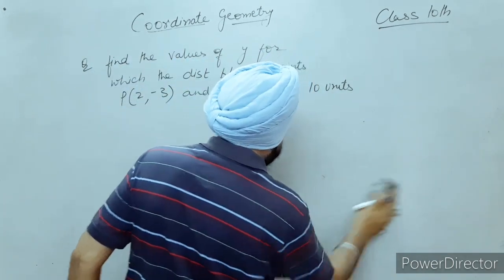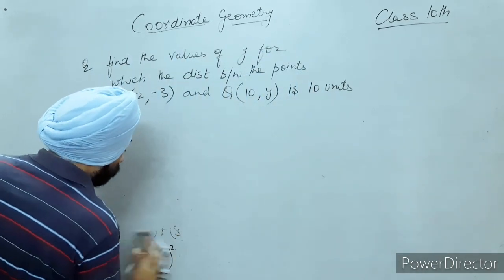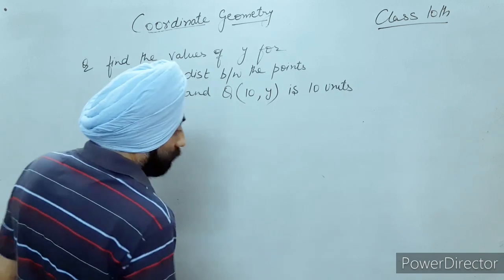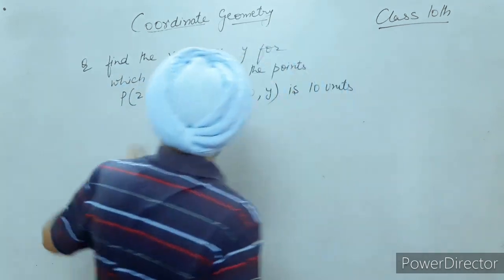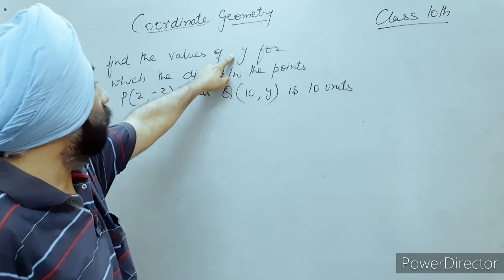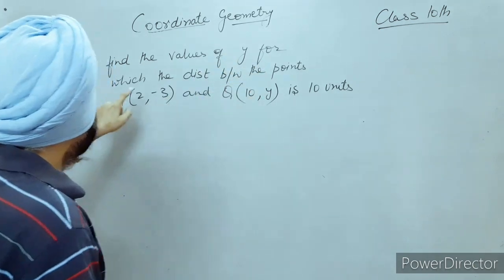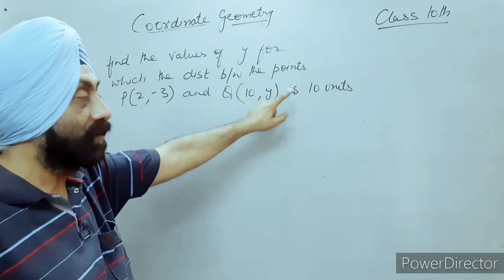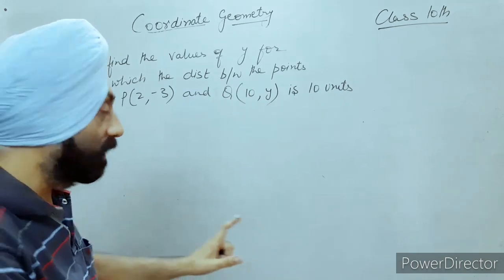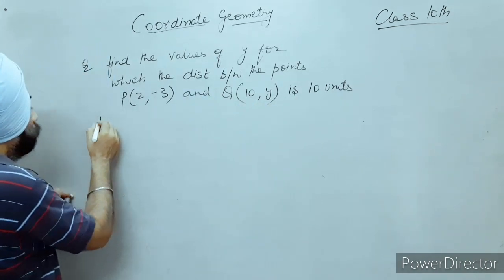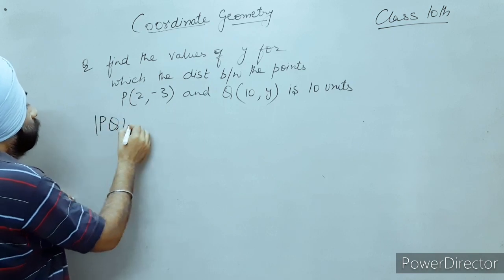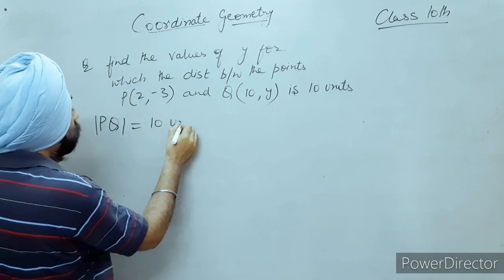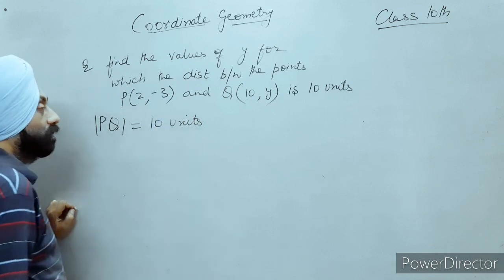It's again an application of the distance formula, nothing else. Clearly it is given that the PQ distance is 10 units.